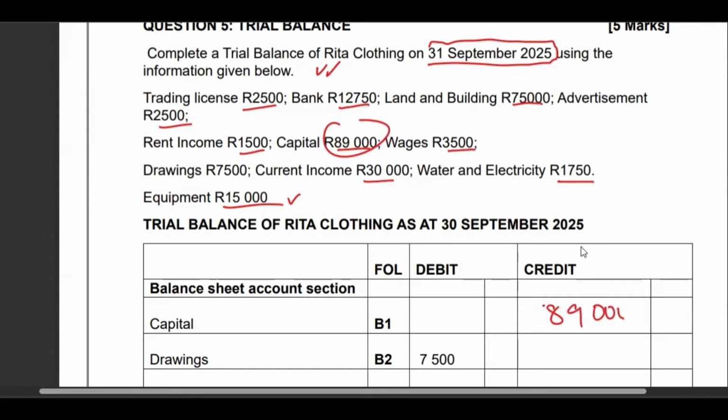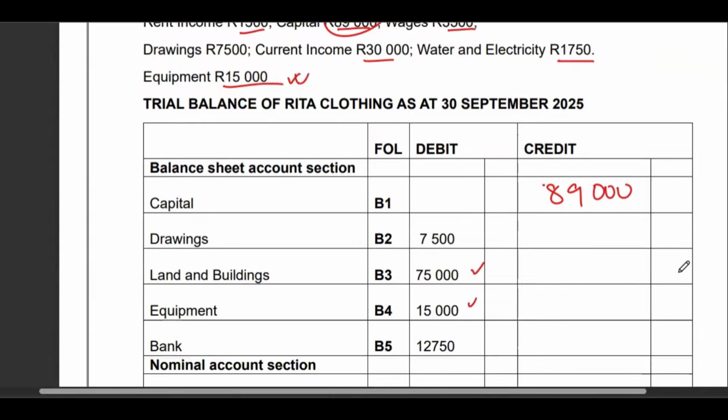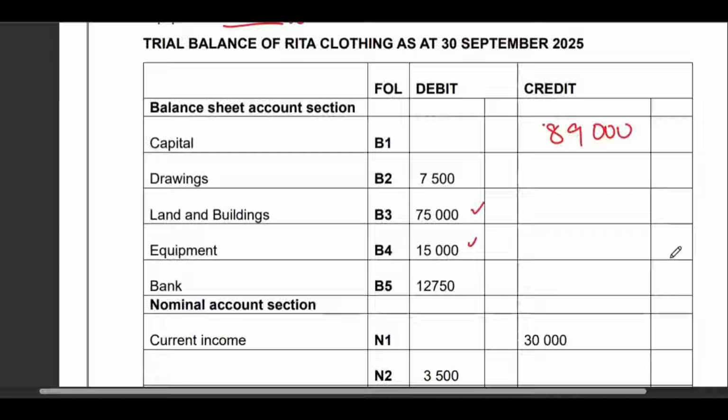So 89,000 must go there. And then we have the drawings, which is 7.5. Land and the buildings, which is 75,000. There's somewhere there, so that's a debit. Equipment is 15 as indicated. Okay, the bank is 12,750.